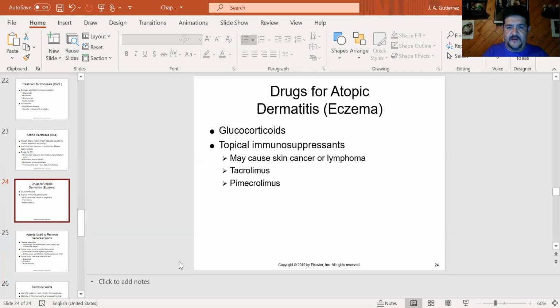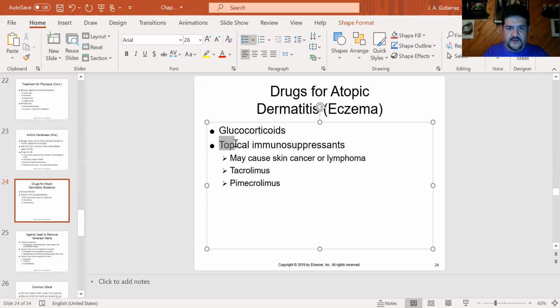This is the first group of topical immunosuppressants that we have seen so far, and as you can see, they end in -crolimus. So we have tacrolimus and pimecrolimus, immunosuppressants. That means they're going to block the white blood cells, lymphocytes, and inflammation from that area.